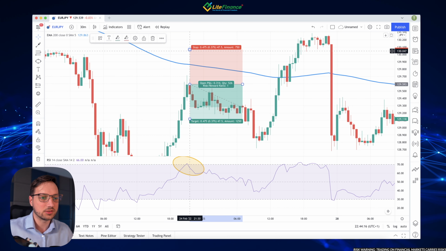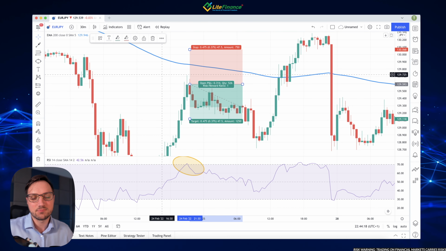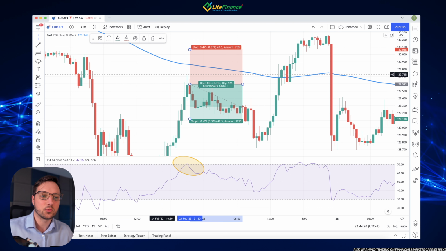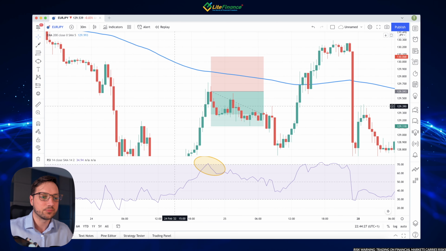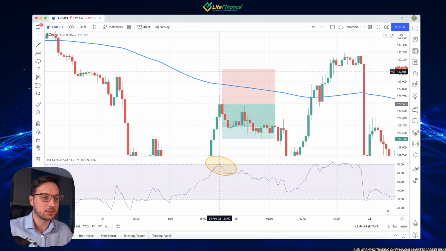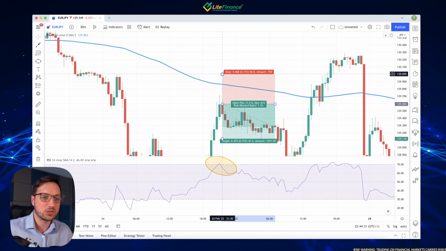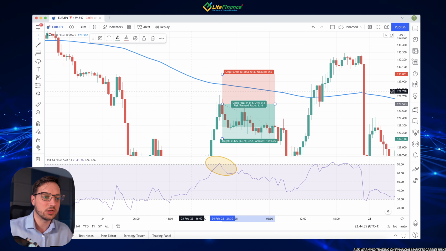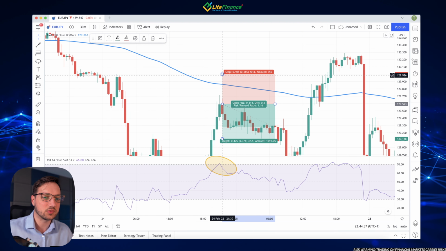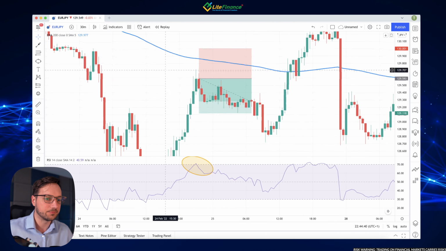So let's mark our trade over here, and the stop loss. Typically, we are looking for the closest swing low. So those levels here are too low for us. We need to check the closest one, which is this one. We can clearly see the swing over here, and we are setting our stop loss slightly above that level.